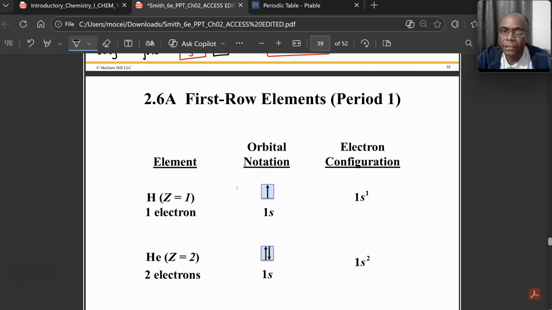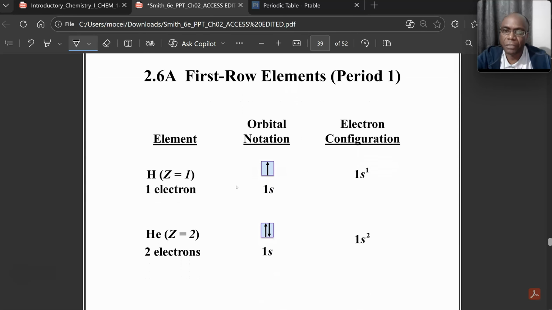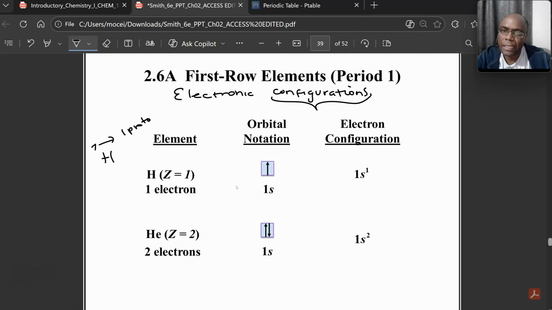Now let's try and do some electronic configuration. Remember, this part is majorly covering electronic arrangements, or to use the fancy word, electronic configurations. So if you look at hydrogen in the periodic table, it has one proton.